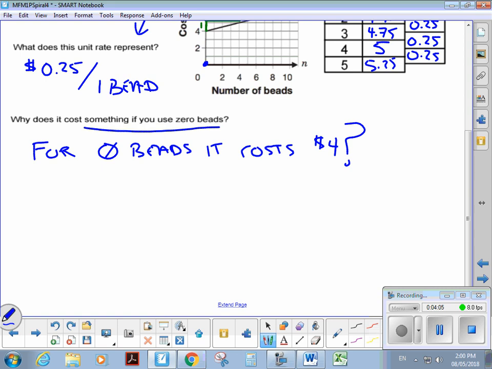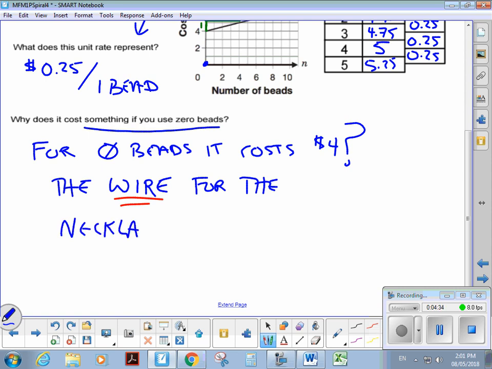Why is that? Again, don't put your hands up. I can't see you, okay? You look silly. Put your hands back down. All right. Because you're paying up front. What's the $4 cost, or what's the $4 buy you? Okay, the wire. All right. So the wire that you're going to use for your necklace, the wire for the necklace, and they are making a killing here because that is a huge markup.